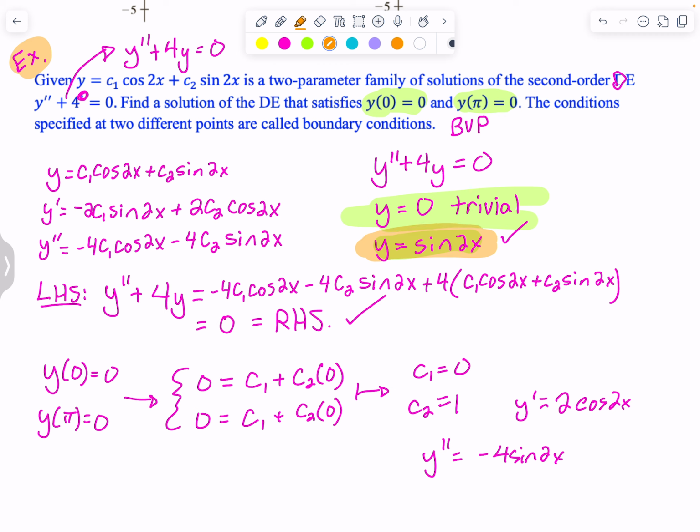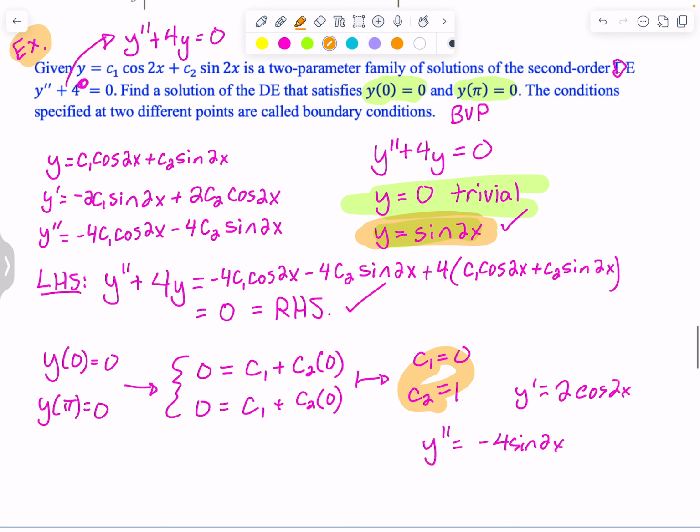You could choose almost anything you want. It says find a solution satisfying the conditions specified, which gives us those. Because of the way this worked out, c2 could be anything. It just kind of is great there. We get just a bunch of answers. That doesn't typically work out all the time. Sometimes when you work it out, you just get c1 is this, c2 is this, one solution.